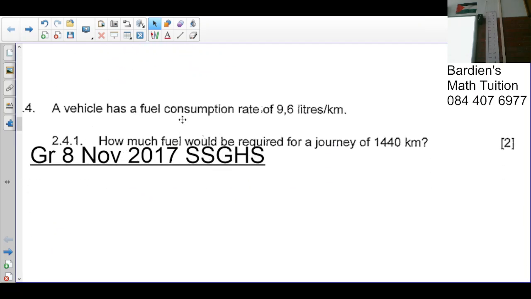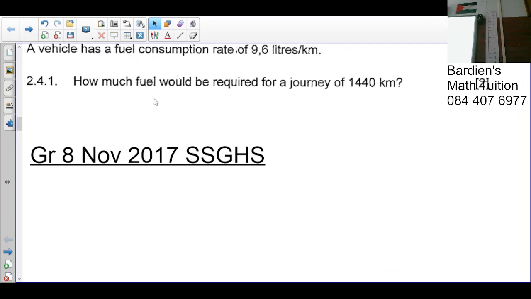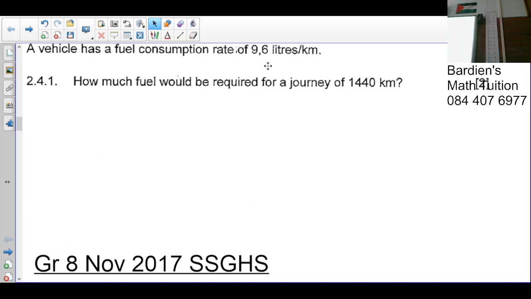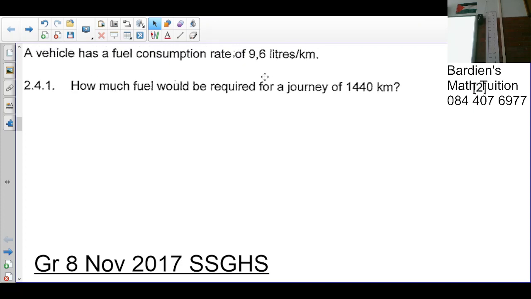The next question, we are told that in 2.4, a vehicle has a fuel consumption rate of 9.6 liters per kilometer. So every 1 kilometer... Jesus, this was high, no? What vehicle is this? It must be a jet or something.